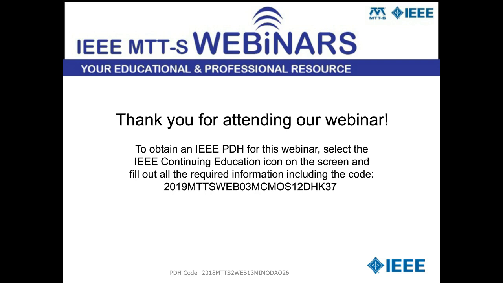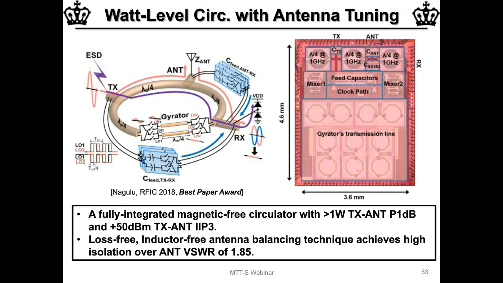And so all circulators have to be followed with an antenna tuner. But what we've been working on is how we can embed the functionality of that antenna tuner within the circulator. If I go back to this chart, these switched capacitor circuits in the circuit diagram on the left-hand side are essentially compensating for a mismatch in the antenna impedance, and they allow you to maintain high isolation at the receiver port even if the antenna impedance changes.